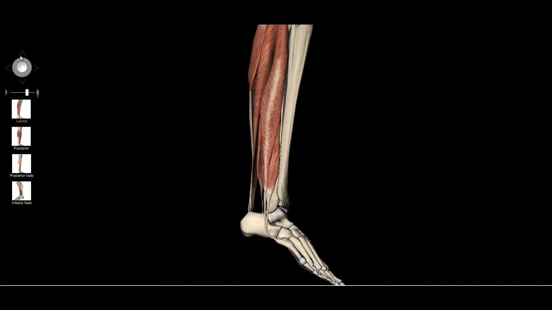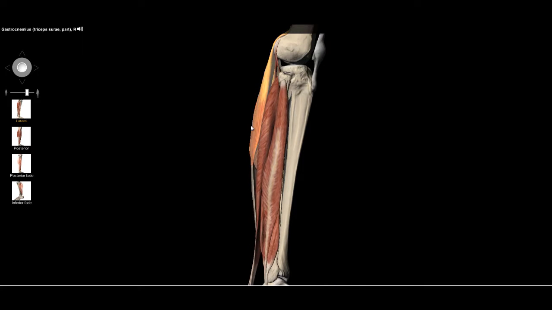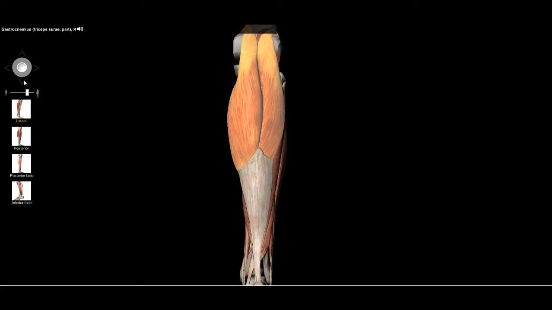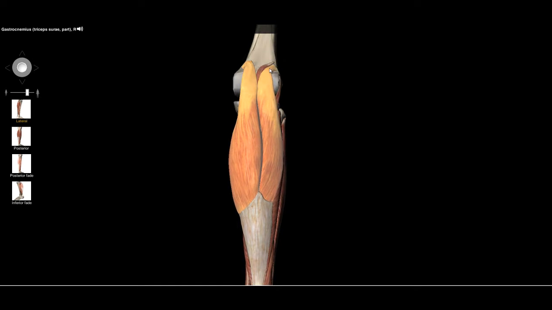So the biggest plantar flexor is the gastroc, the Gastrocnemius. And we can see its origin on the medial and lateral femoral condyles.